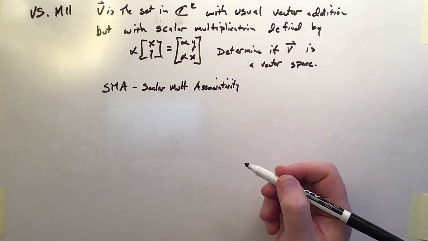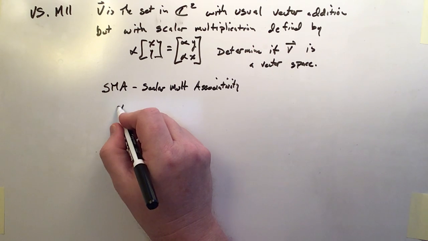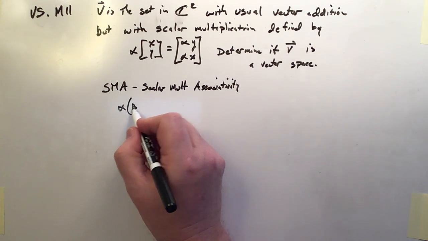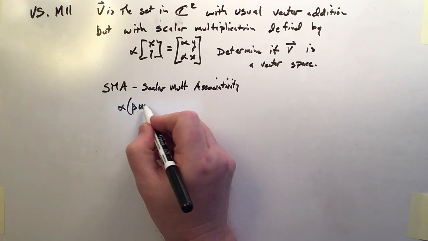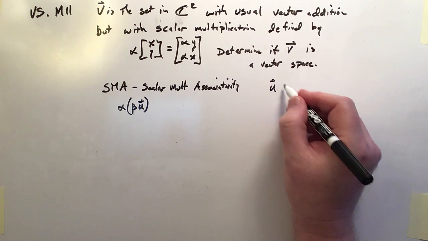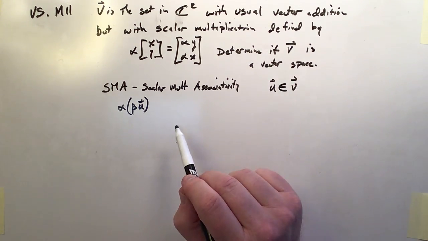Here's what has to be true in order for SMA to hold. If I take 2 coefficients, alpha and beta, and multiply by u, where u is an element of the vector space we've just defined.